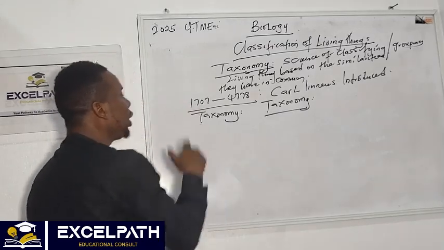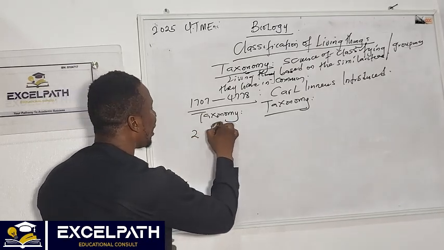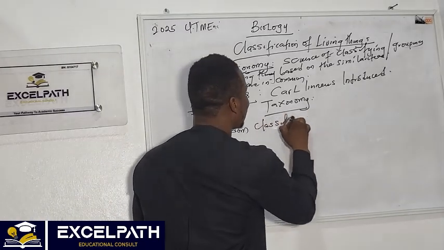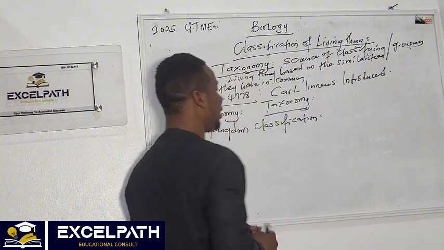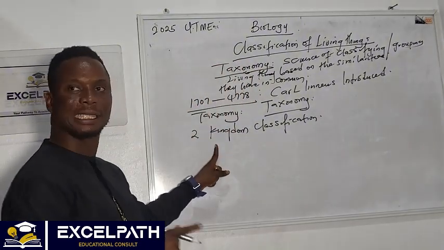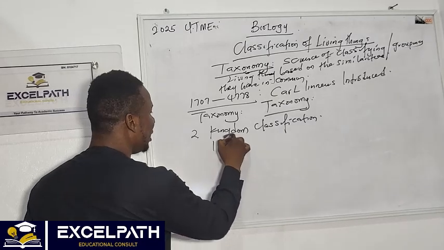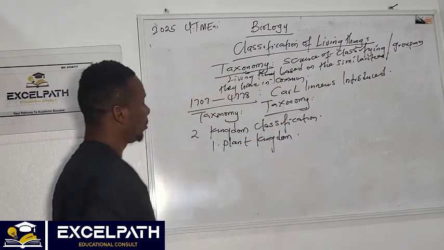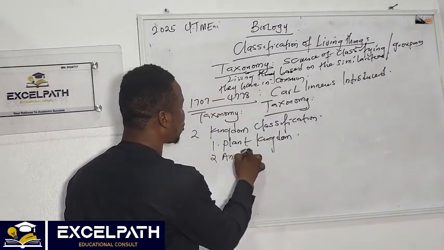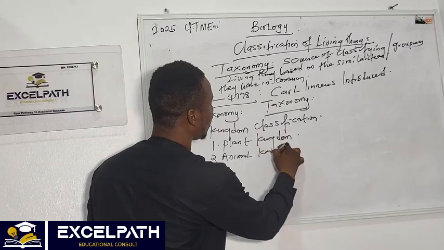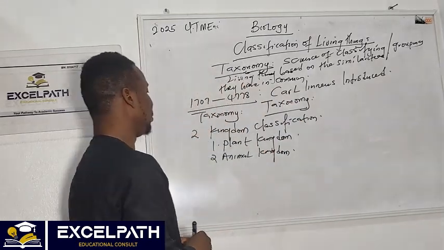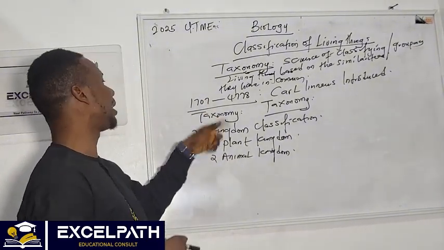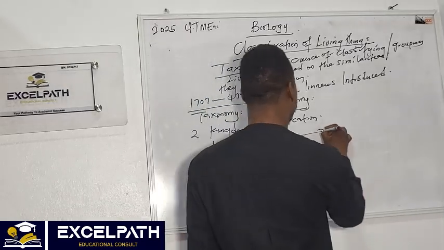Now, he introduced the two kingdom classification. So he introduced how many kingdoms? Two. One, he introduced the plant kingdom, Plantae.